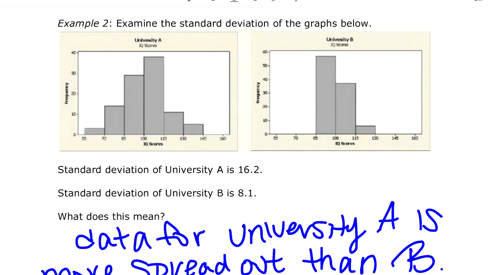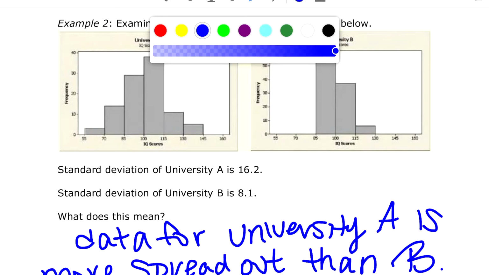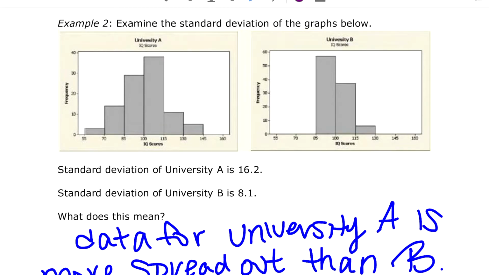If you are comparing standard deviations between 2 different data sets, the standard deviation that is larger represents the data that's more spread out. And we can see that in this graph here. University A has a small score all the way down here at 55, whereas University B's smallest score is over here at 85.